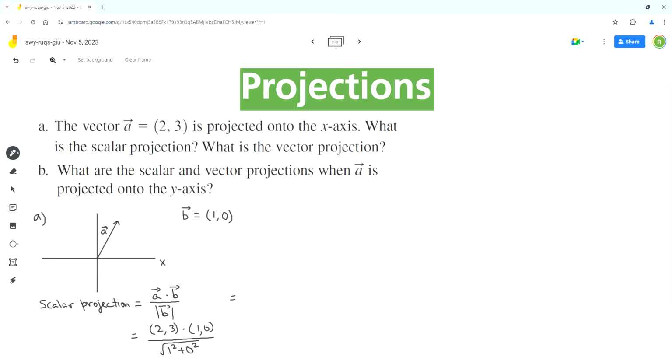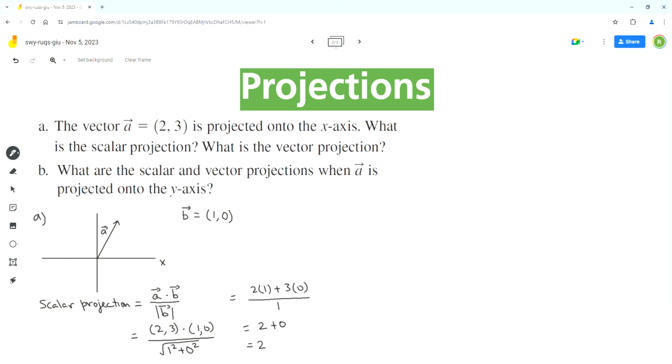So in the numerator we have to do the dot product, so we multiply the x components and y components. And in the denominator, 1 square plus 0 square is equal to 1, and square root of 1 is 1. So I got 2. So the scalar projection of vector A on the x-axis is 2.